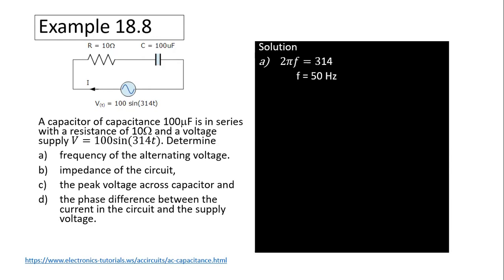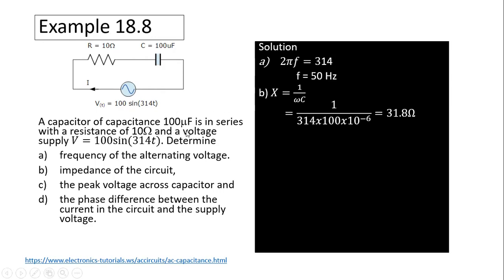Okay, now how to calculate impedance? Memorize the formula: Z equals the square root of R squared plus X squared. Yep. Any problem? Calculate your XC first. Omega is 314.